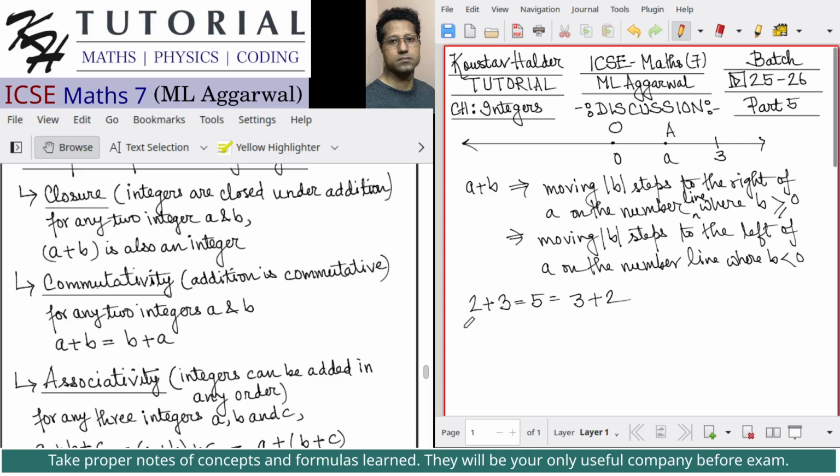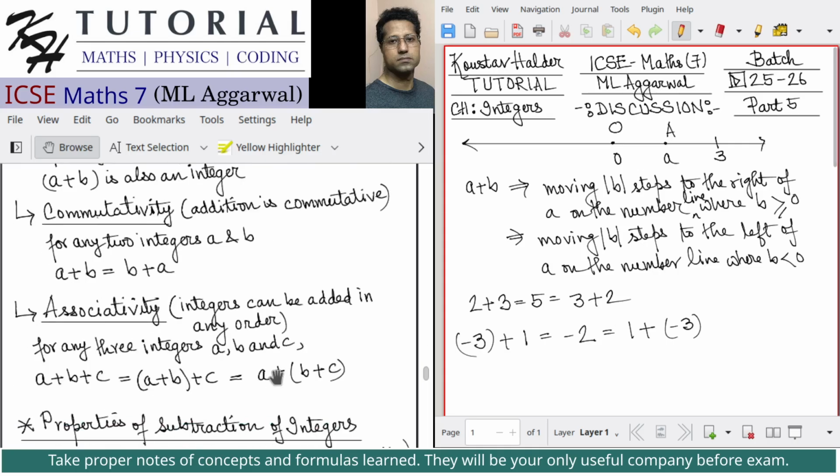You take any two integers, let's say minus 3 plus 1 is equal to minus 2. This is also equal to 1 plus minus 3. This is very obvious. So we say that the addition operation is commutative. That is, for any two integers a and b, a plus b will be equal to b plus a. So that is the property of commutativity.